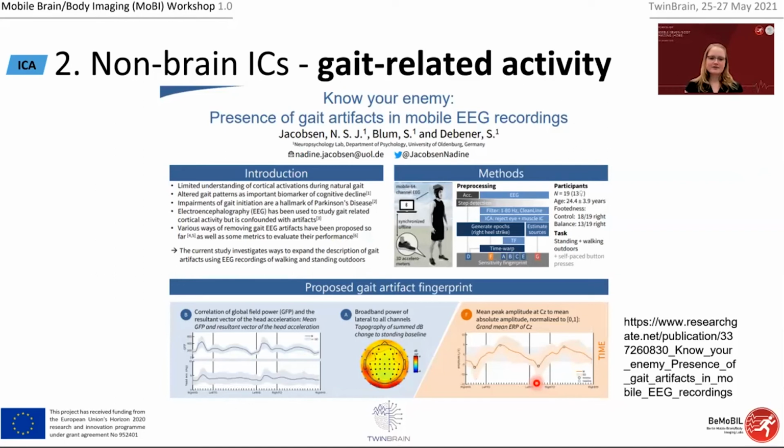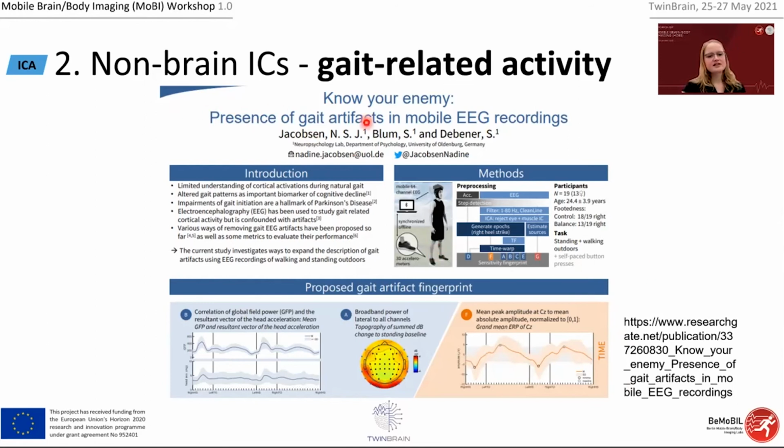Then I thought, well, that looks pretty similar to what I got, so maybe let's look deeper into it. I also found other references, but I was so happy when I first found this poster that I wanted to share it here, because it's related to gait-related activity.